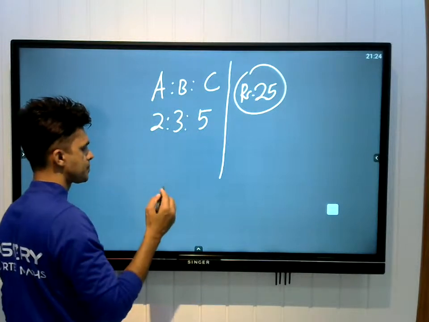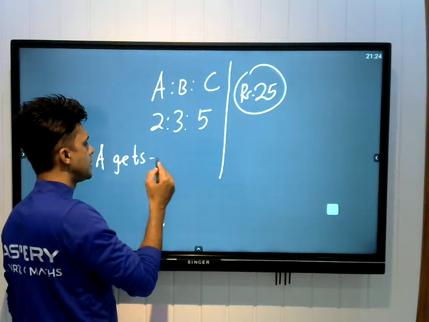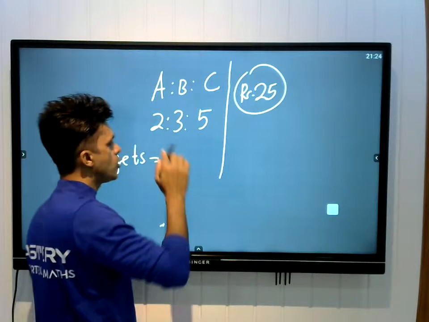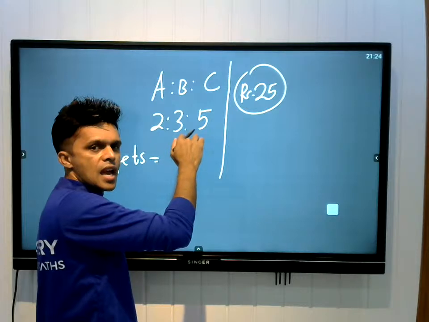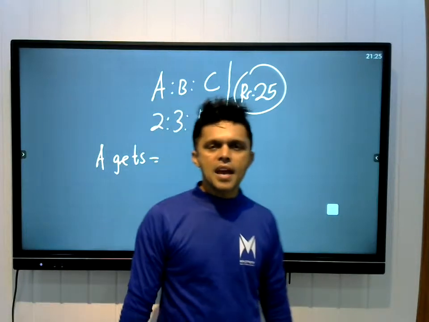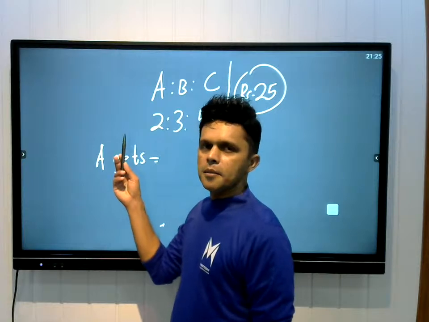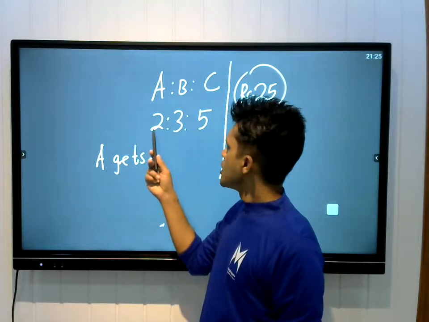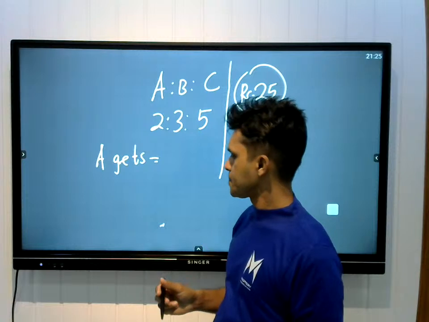A gets, if it is divided, these three digits, 2, 3, and 5 can be added. 2 plus 3 is 5, 5 plus 5 is 10.